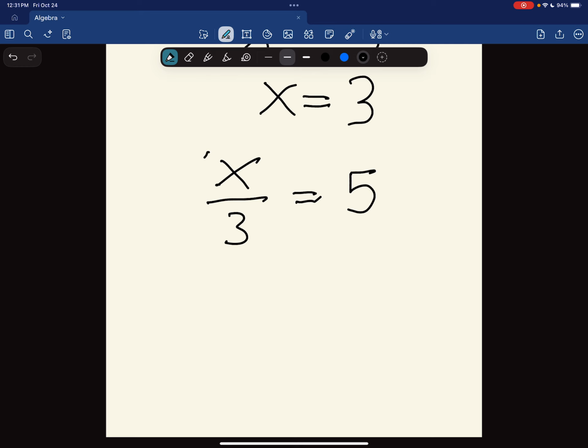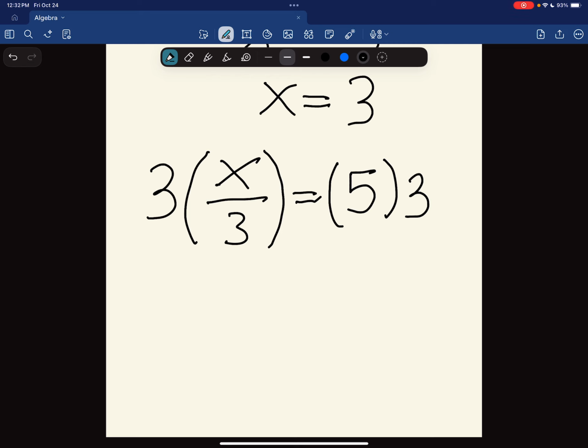I'm going to use parentheses around the x divided by 3 to represent multiplication, and I'm going to write a 3 in front of those parentheses. Now, since I multiplied the left-hand side by 3, I need to multiply the right-hand side of the equation by 3. So we have 5, parentheses around the 5, and then 3 on the right-hand side.